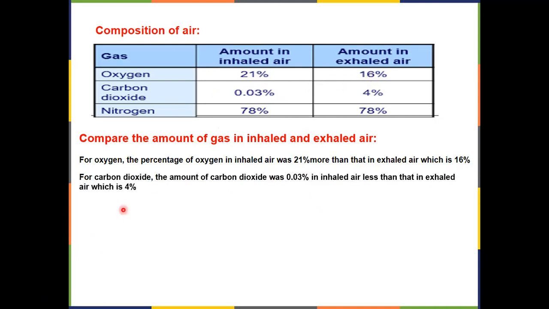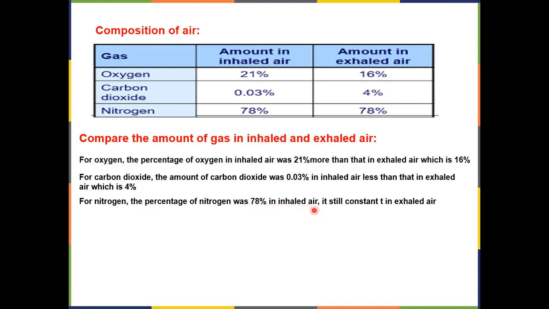For carbon dioxide, the amount is 0.03% in inhaled air, less than that in exhaled air, which is 4%. For nitrogen, the percentage was 78% in inhaled air. It's still constant in exhaled air.